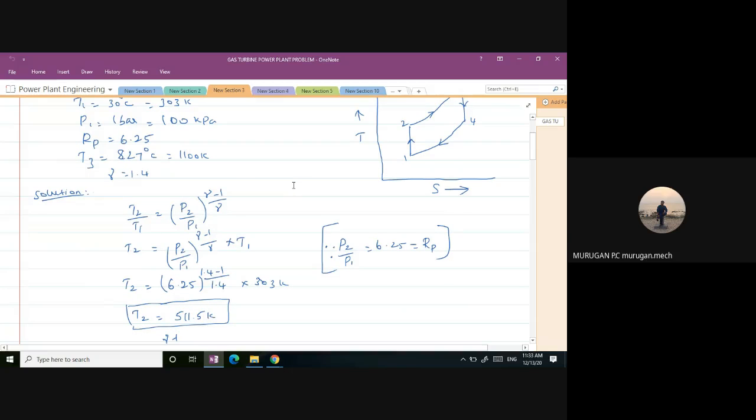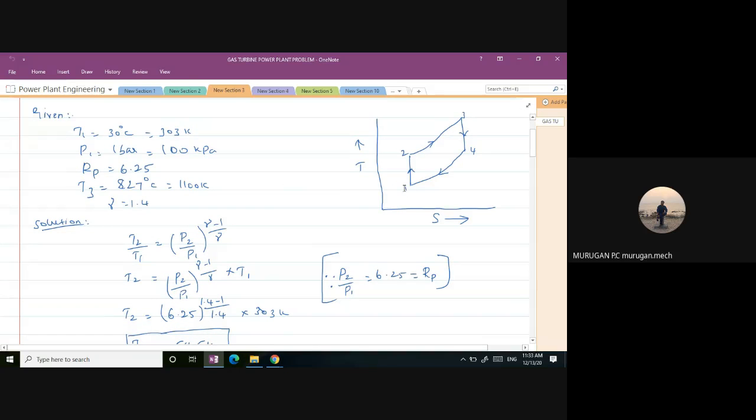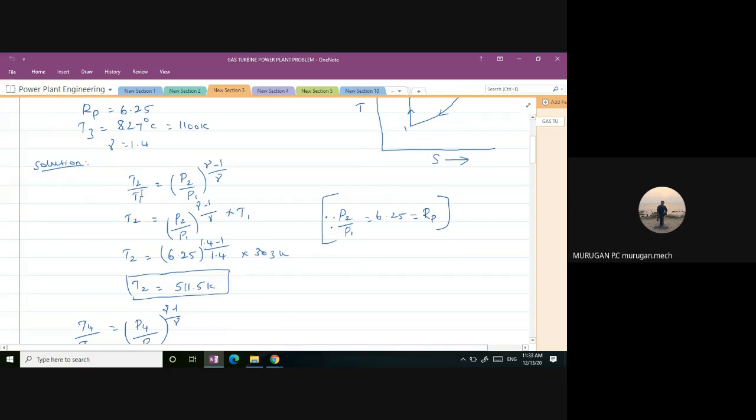First we have to find out T2. The initial temperature is given, the maximum temperature is given, but the intermediate temperature is not given, so we find it using this method. We know that T2 by T1 is equal to (P2 by P1) to the power (gamma minus 1) by gamma. So T1 goes to the right hand side, and the equation becomes T2 equals (P2 by P1) to the power (gamma minus 1) by gamma into T1.